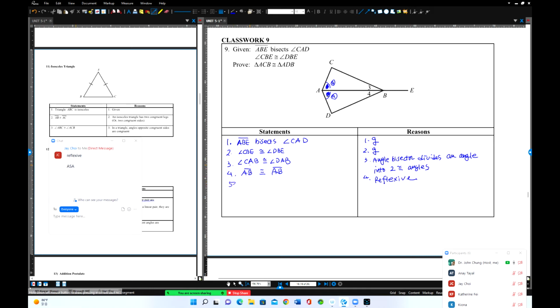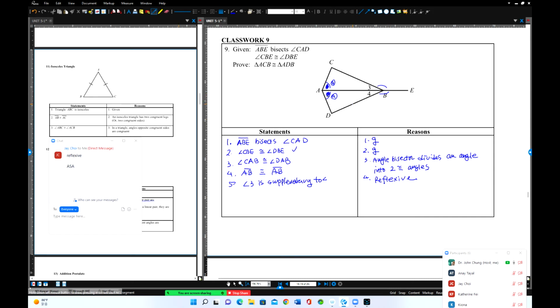After that, we have to say angle 3 and angle 4 are equal, right? Okay, because these two angles are congruent over here. So we have to say angle 3 is supplementary to angle CBE.